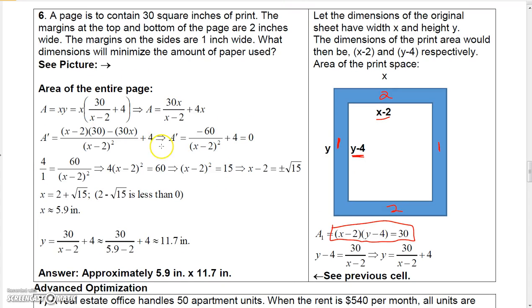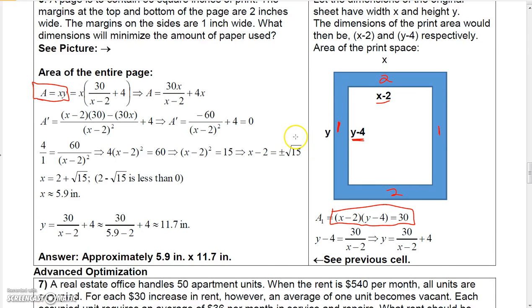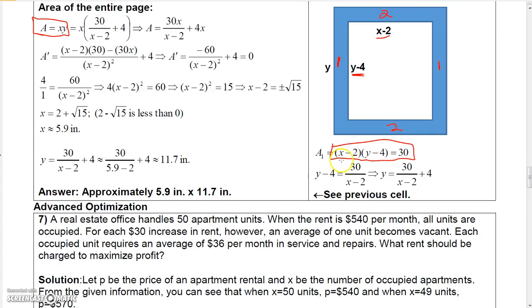Let me go back to our primary equation. Our primary equation is to minimize the area used, and the area of the paper is X times Y. So that's what we want to minimize. Now I've got a way to solve for Y in terms of X, because X minus 2 times Y minus 4 has to equal 30, because this print area has got to equal 30 square inches.